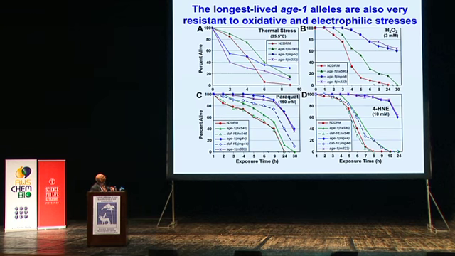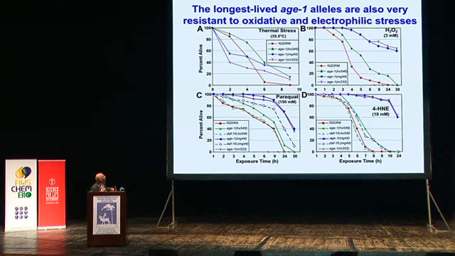So when we looked at the stress responses, they were kind of interesting. Let me tell you first of all that the very long-lived mutants are not particularly heat shock resistant. They do a little bit better at the longest time, but they're actually a little sensitive to heat. But they're very resistant to hydrogen peroxide. So this is wild type in red.